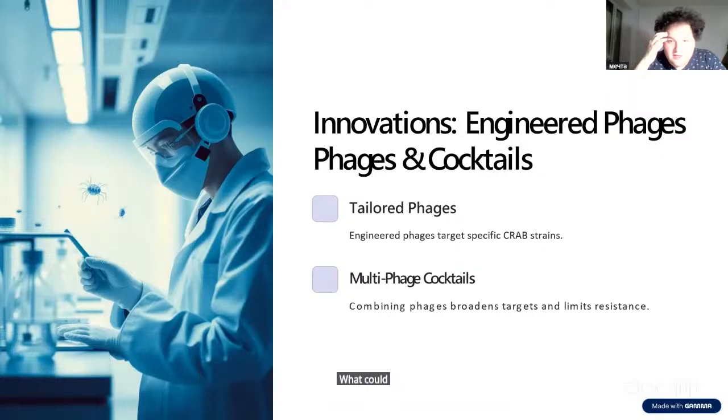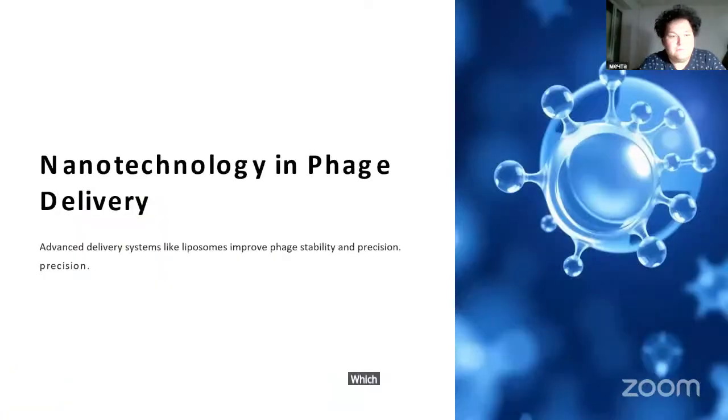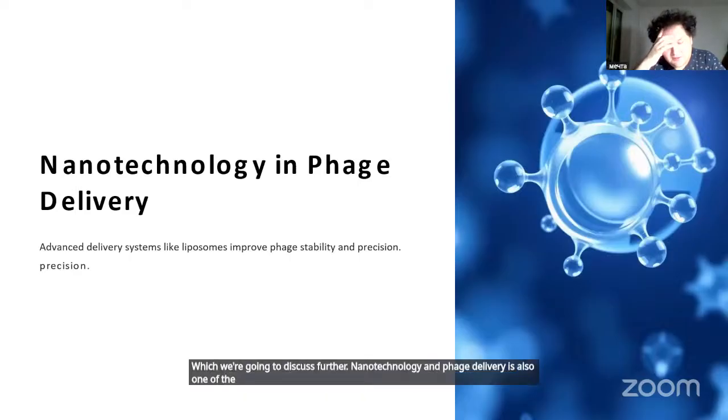What could be done with innovations in this direction? We can do cocktails and tailored phages, which we're going to discuss further. Nanotechnology and phage delivery is also one of the greatest directions that can improve our medical treatments of drug-resistant pathogens, not only bacteria, but also other forms like protists, one-celled organisms.